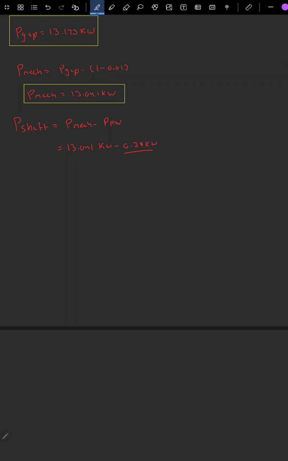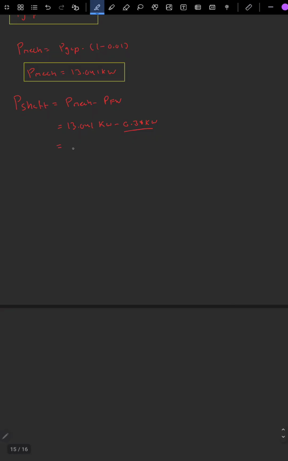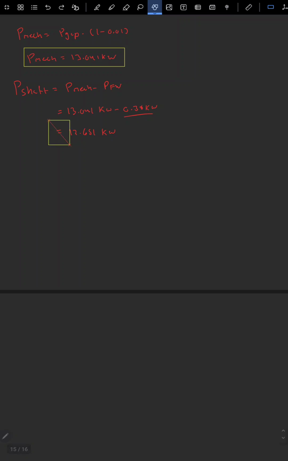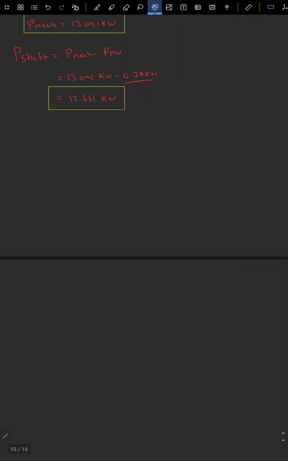I'm just converting it into kilowatts to make it easier on myself. That equals 12.651 kilowatts. So we have our power at the shaft.